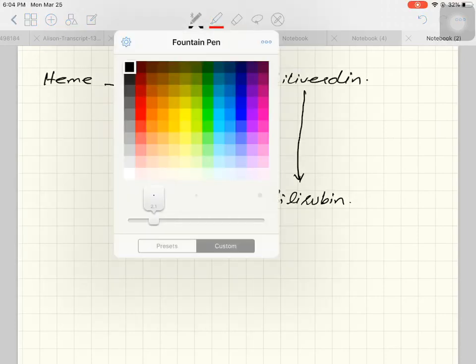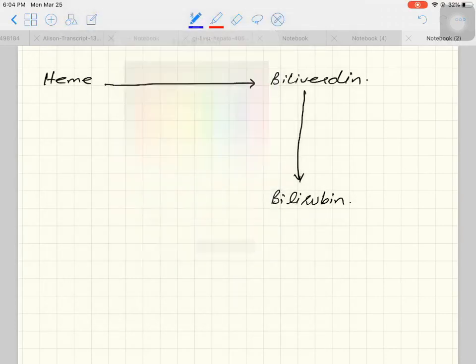Here the enzyme which works is heme oxygenase: addition of oxygen, removal of iron, and removal of carbon monoxide, forming biliverdin.